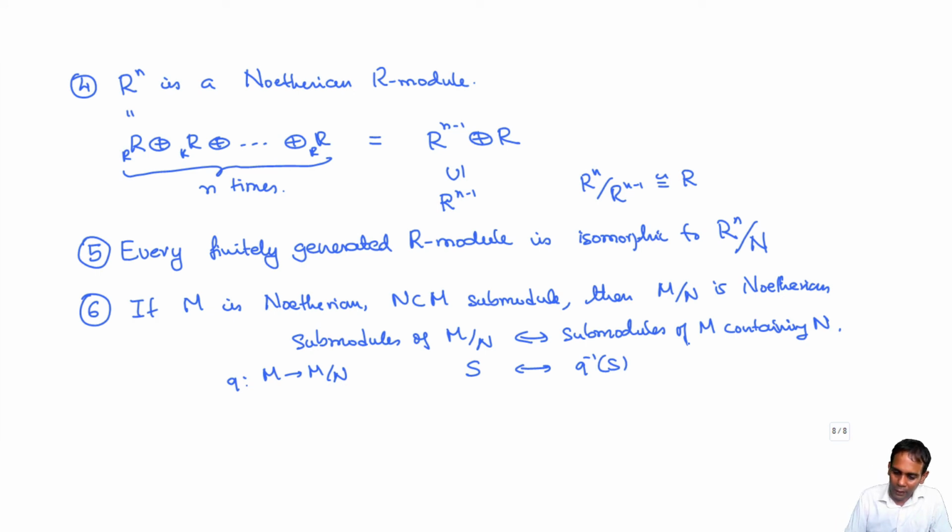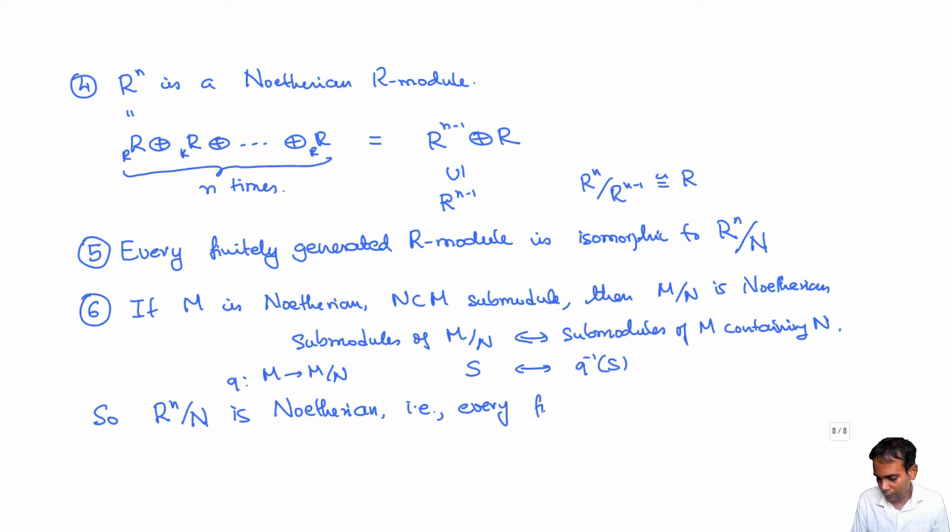So now we know that R is Noetherian, we know that R^n is Noetherian, and we know that R^n mod N is Noetherian. So we conclude that R^n mod N is Noetherian, but every finitely generated R module is of the form R^n mod N. So every finitely generated R module is Noetherian.